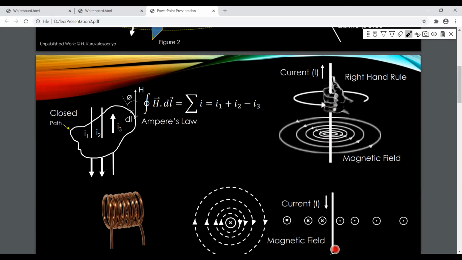In this case, you can see the current is going down and the magnetic field is denoted by using this dot and cross convention. Here, the current is going into the board, or the screen, and the magnetic flux is shown. So this notation you should be familiar with, right? Again, from the first year, you know these things. Therefore, I'm not going to waste your time.